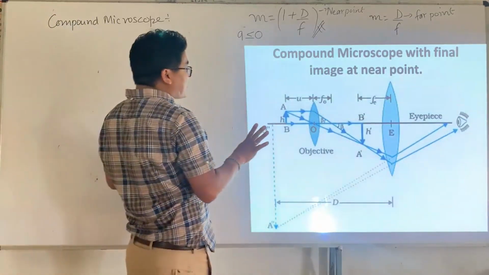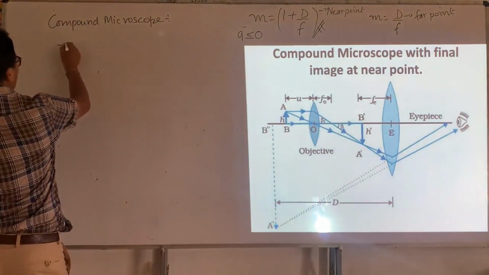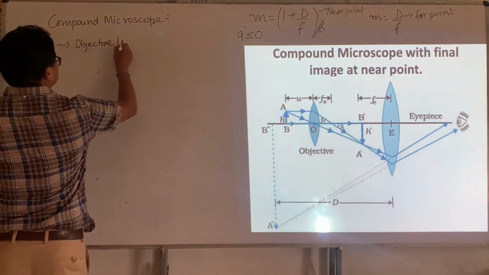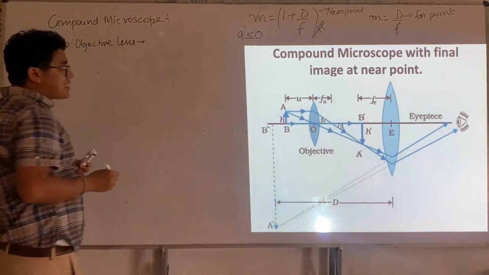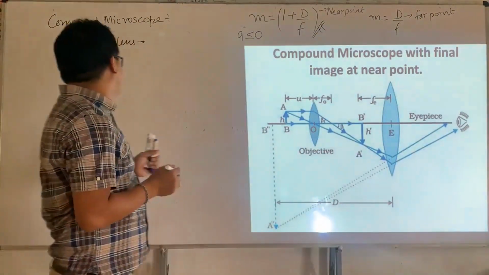A compound microscope consists of two important lenses, that is the objective lens and the eyepiece lens. The objective lens is the lens which is close to the object, so this is called the objective lens.